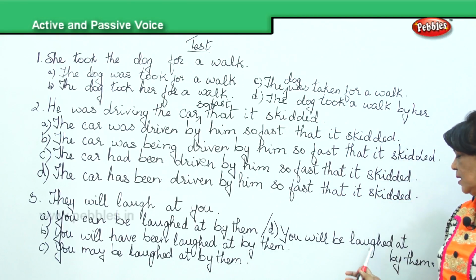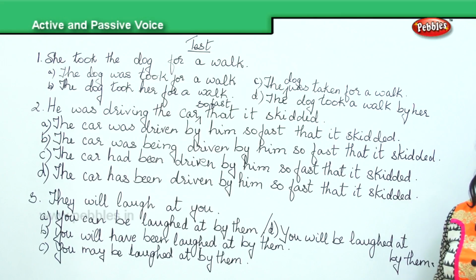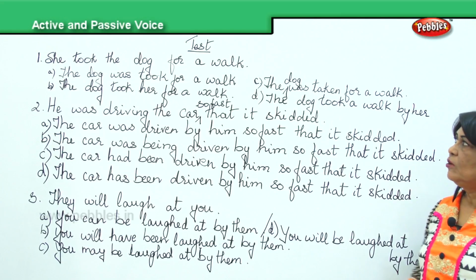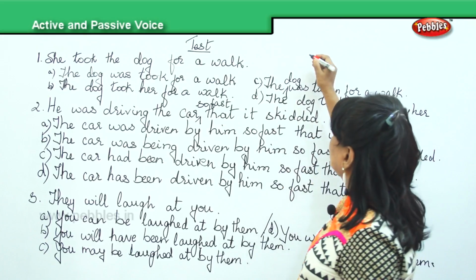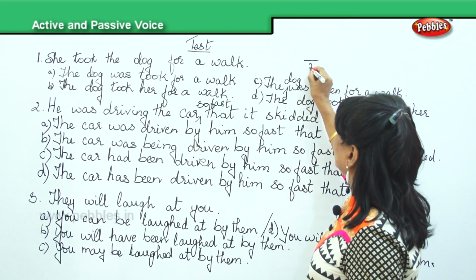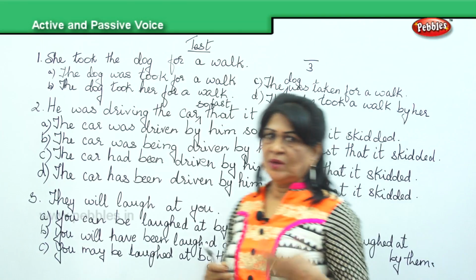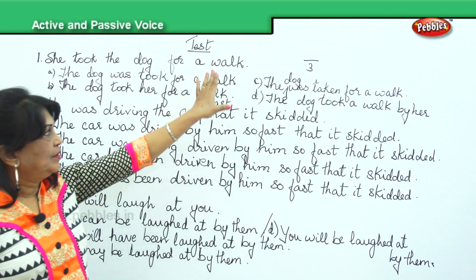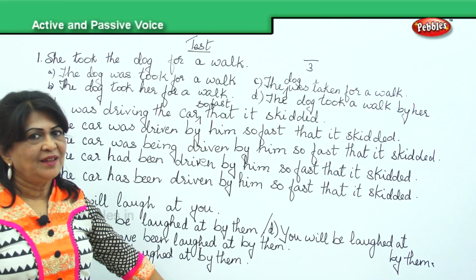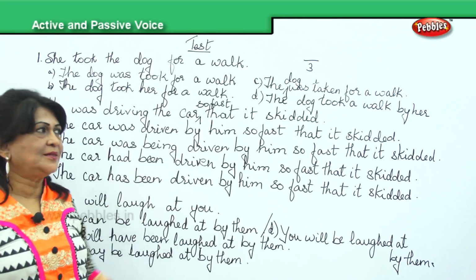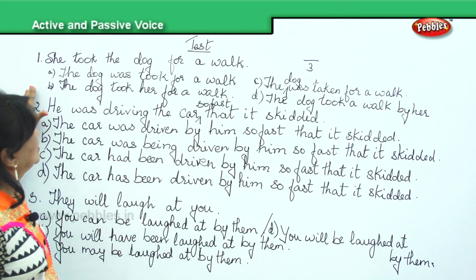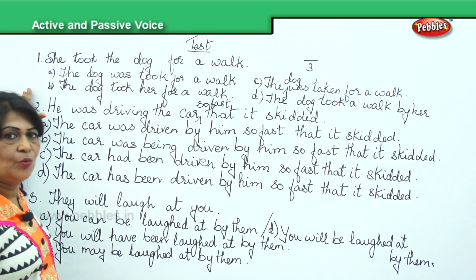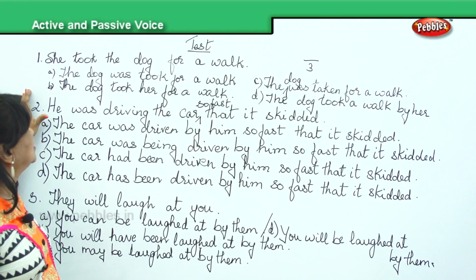D. You will be laughed at by them. Okay, only 3 questions now. Let's see. Come on, start working. Let's see you get 3 on 3 and I'll give you a small little star. Think what will be the right answer.